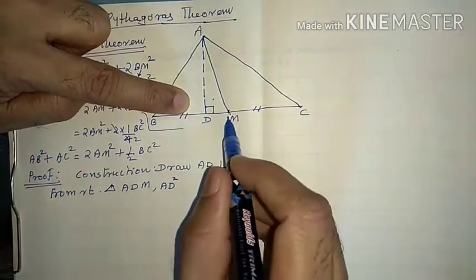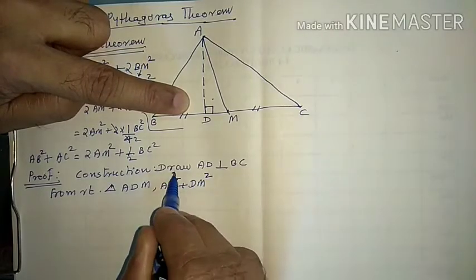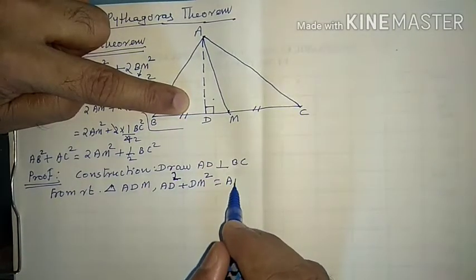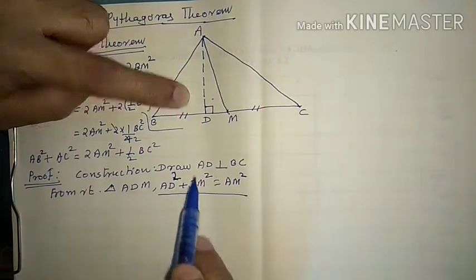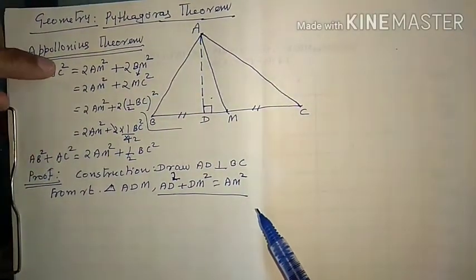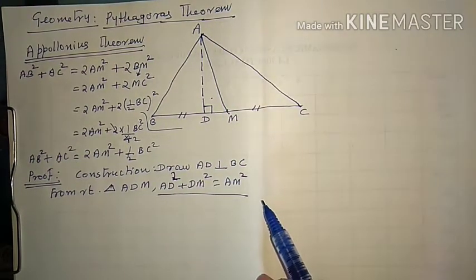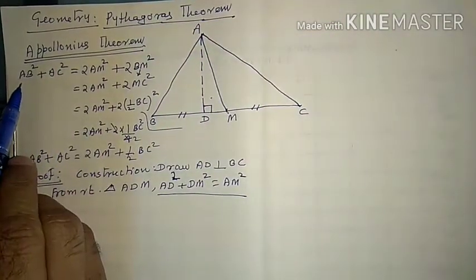AD square plus DM square equal to AM square. Wherever we come across this, further in this problem we can use it directly. Now we consider the first part, triangle ADB, because we have to make AB square first.